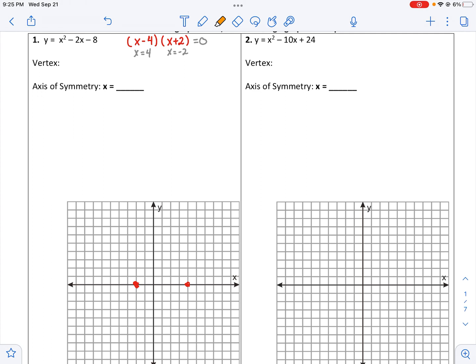And one way I can do that is by counting all the spaces on the graph that are between my two dots and going halfway. Another way you can do that is by finding the average of the two numbers. So I could take 4 plus a negative 2, divide by 2, and I should get 1.